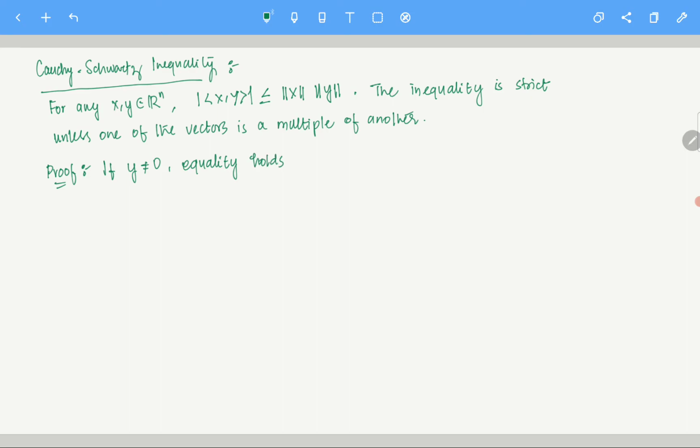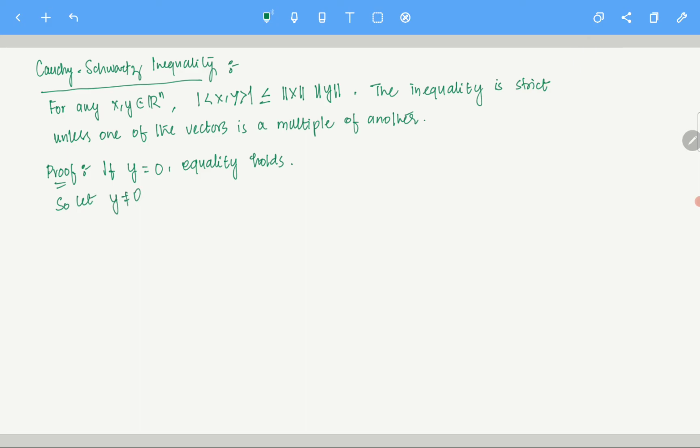If y is 0, what is the inner product of x and y? It is 0, and the right hand side is also 0, so the equality holds. There is nothing to do.